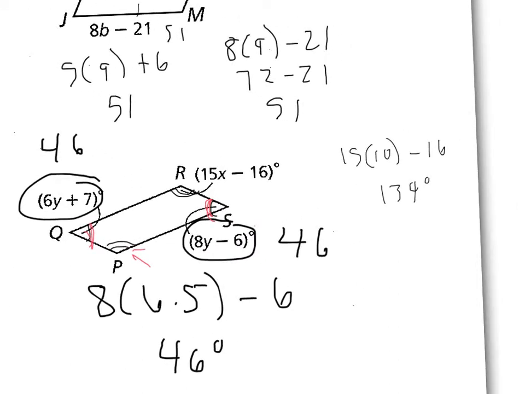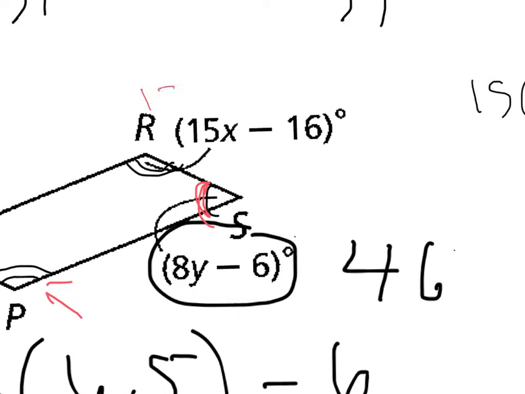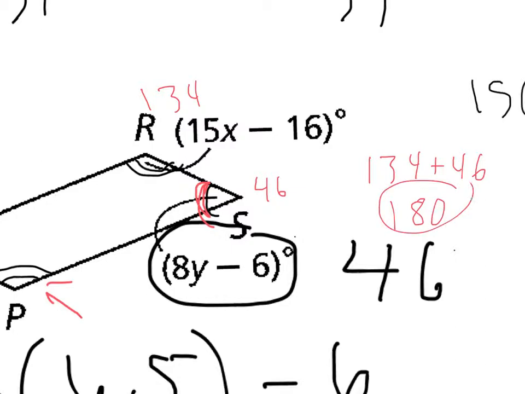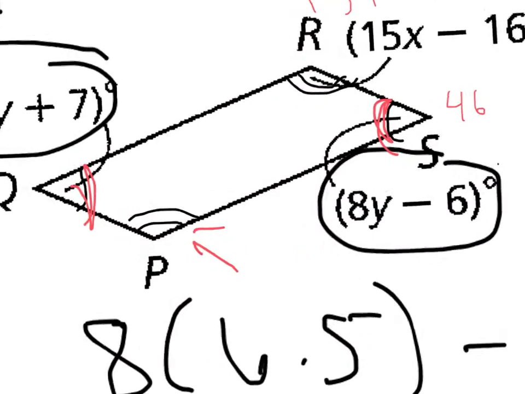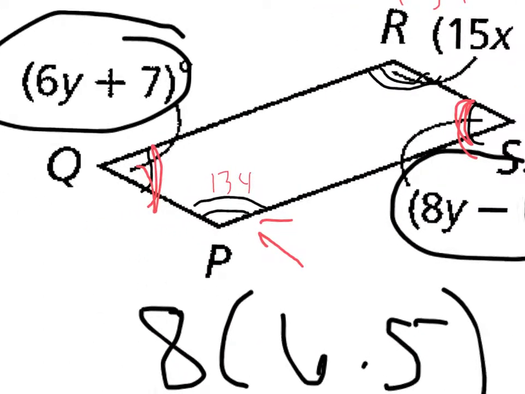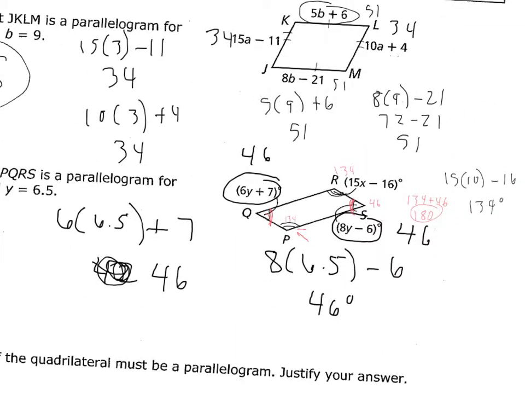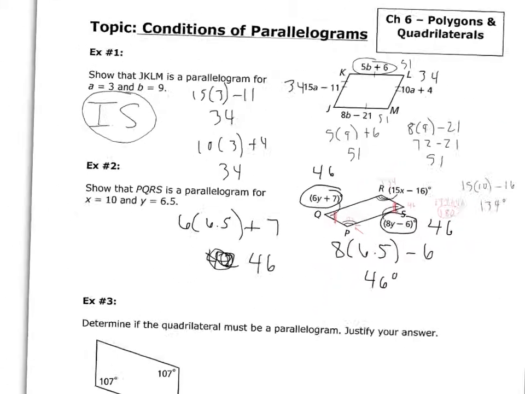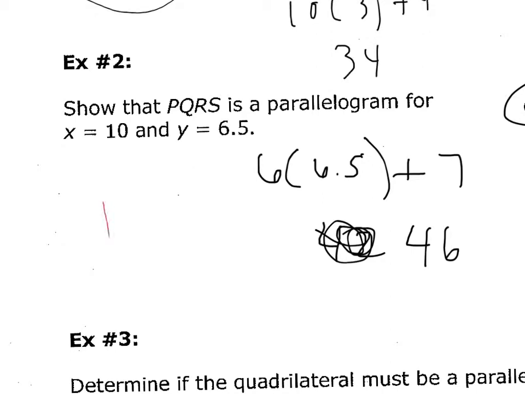We see that this angle is 134, and this angle is 46. Since 134 plus 46 is 180, those two angles are supplementary. Therefore, that tells us that this also has to be 134 degrees. Since both sets of angles are congruent, this is a parallelogram.